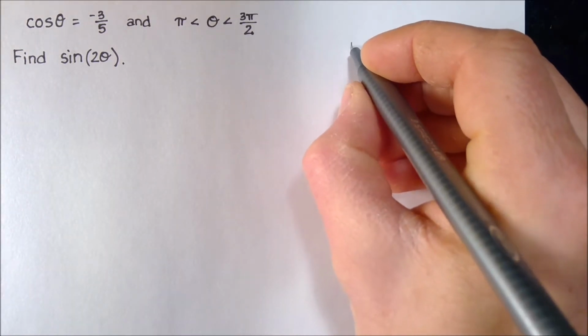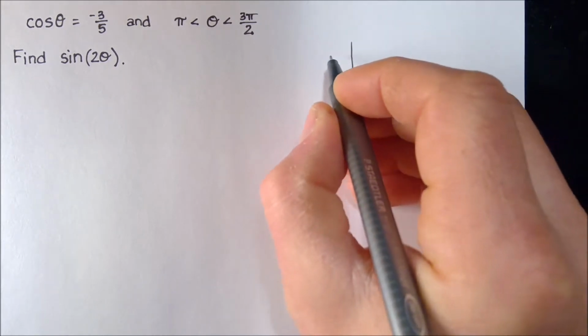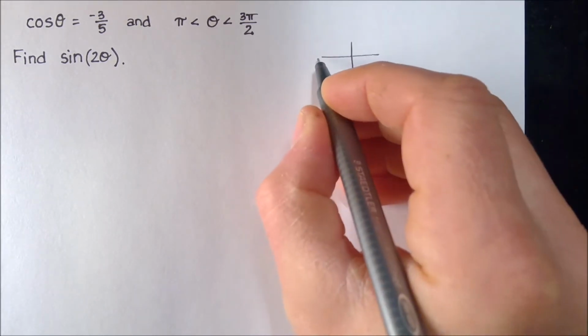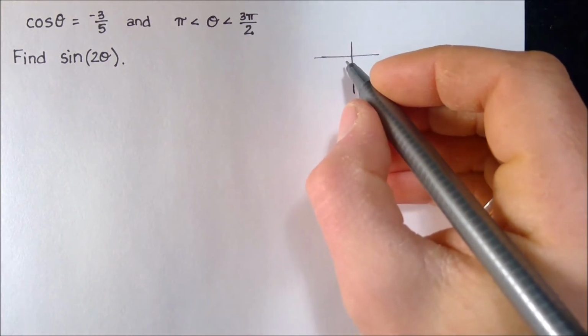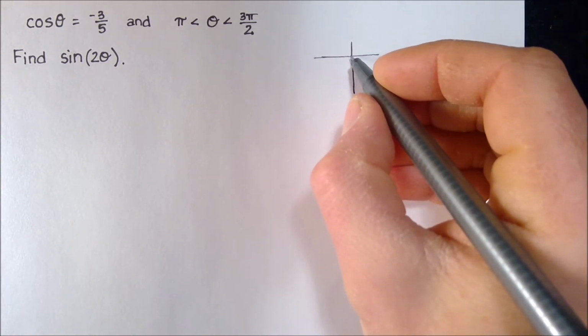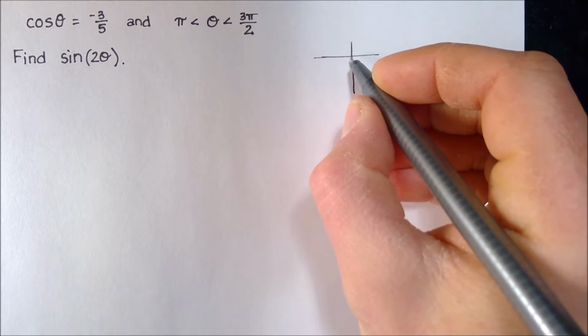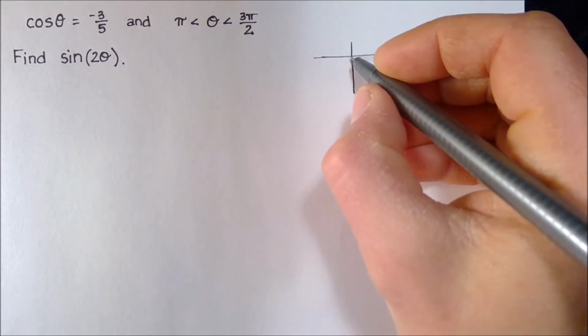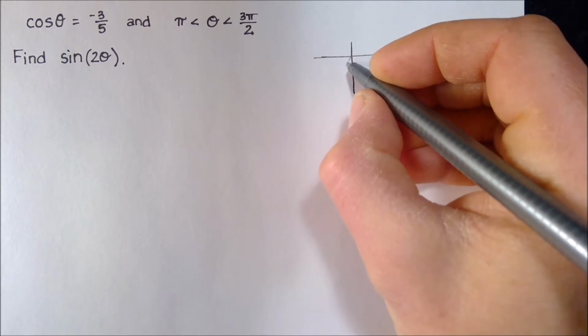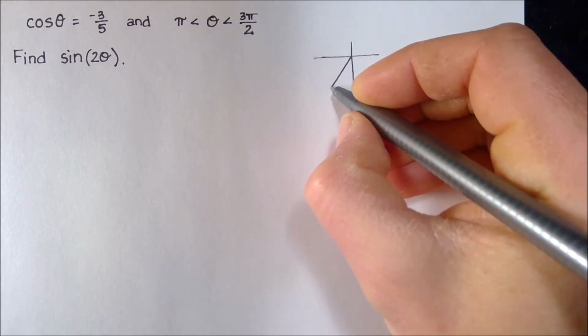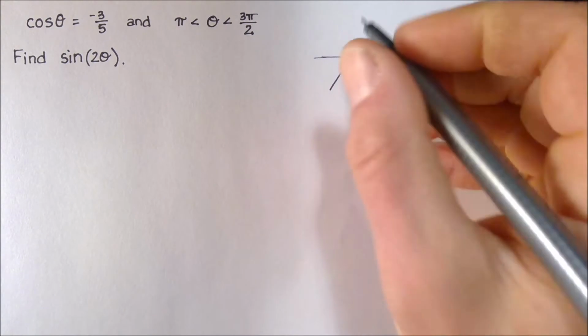What that does is it allows us to draw this triangle, right? And it's an arbitrary value for theta, but we know it's 3/5, right? So the ratio of the adjacent side of a triangle to the hypotenuse should be -3:5. Again, this is an arbitrary angle, theta.